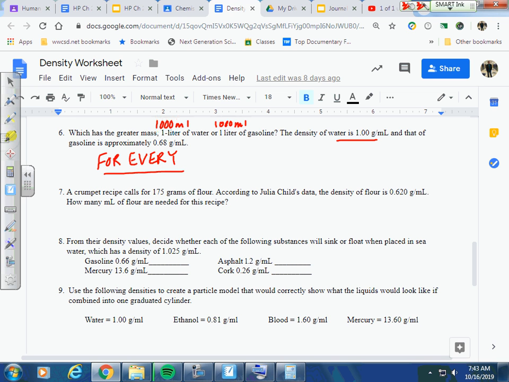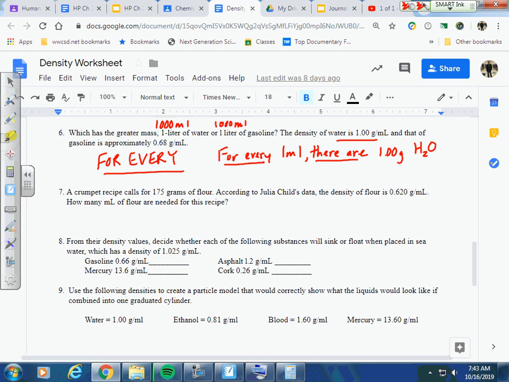I know the density means for water, for example, for every 1 milliliter, there are, this is the standard format, for every, there are 1.00 grams. Okay, that's for H2O.